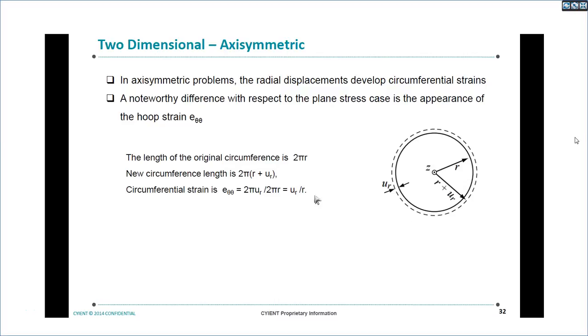If you use the 2 pi r relation, you will get the strain as u_r by r, that is delta r by r. So in axisymmetric problems, radial displacements always develop circumferential strain.